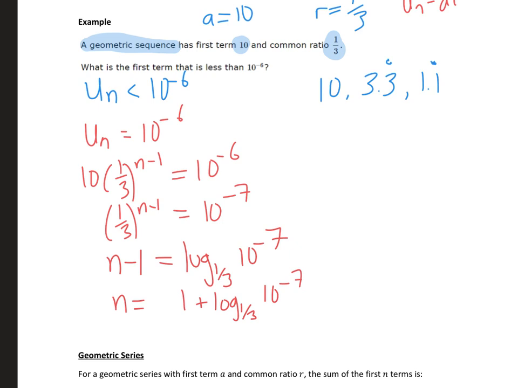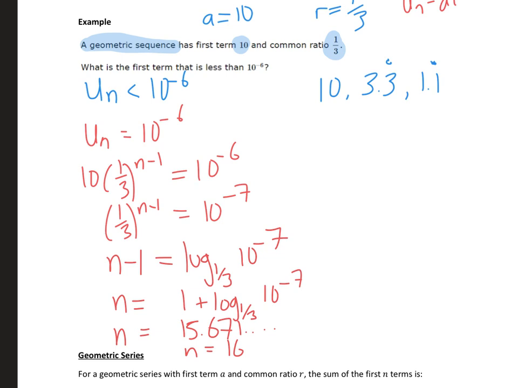So if you type that in your calculator, 1 plus log base third of 10 to the minus 7, I get n is 15.6713. So if n was that, that's when it would be exactly 10 to the minus 6. So n would equal 16.